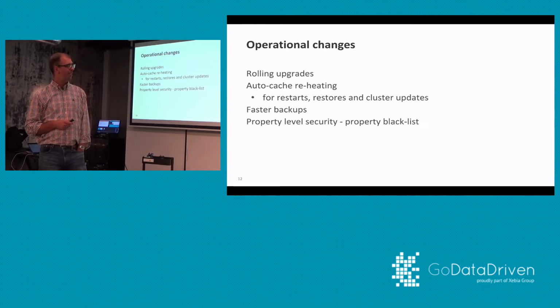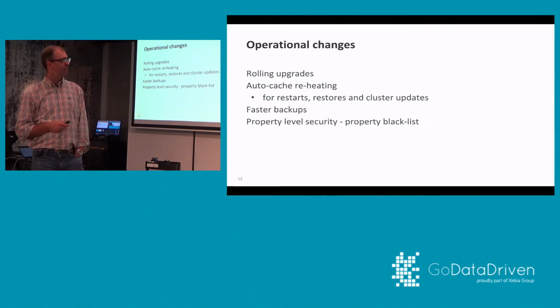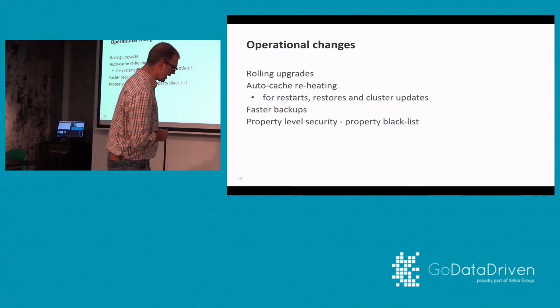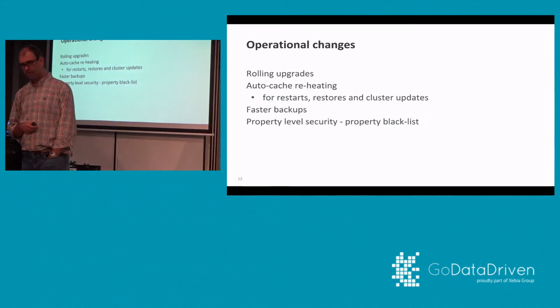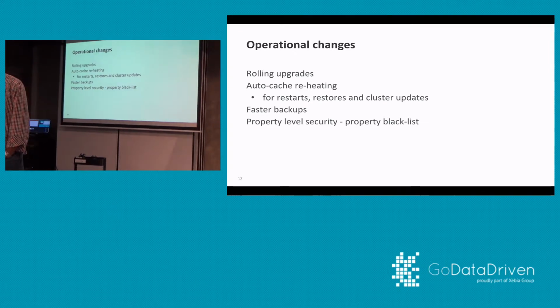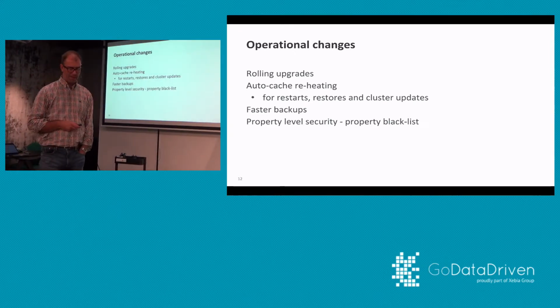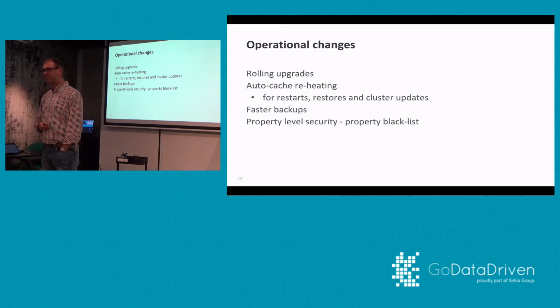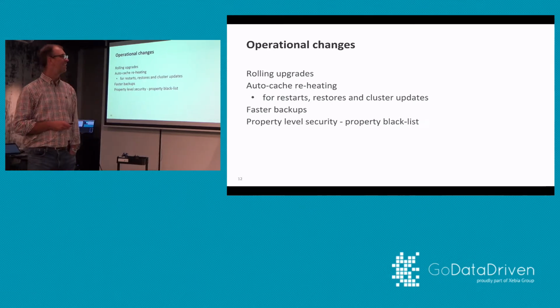We also have a very simple but very powerful reheating strategy for the cache of a particular Neo4j instance. As you probably can imagine, for any database, caching is important, right? If you can fit stuff into memory, you want it to fit into memory.